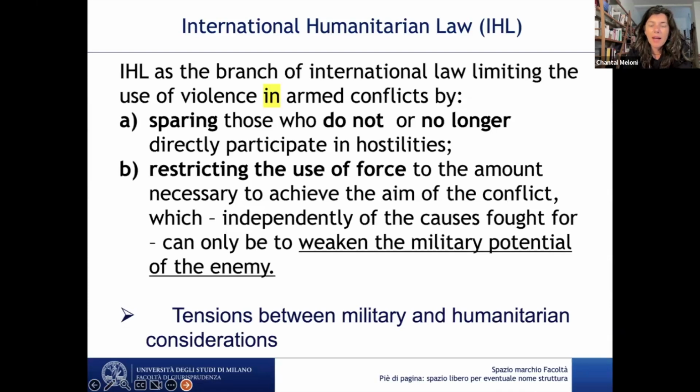But what I want to highlight is that there is still a very strong tension between the two main components of this branch of international law. On the one side, the military goals of the war in itself, and on the other side, the humanitarian considerations.